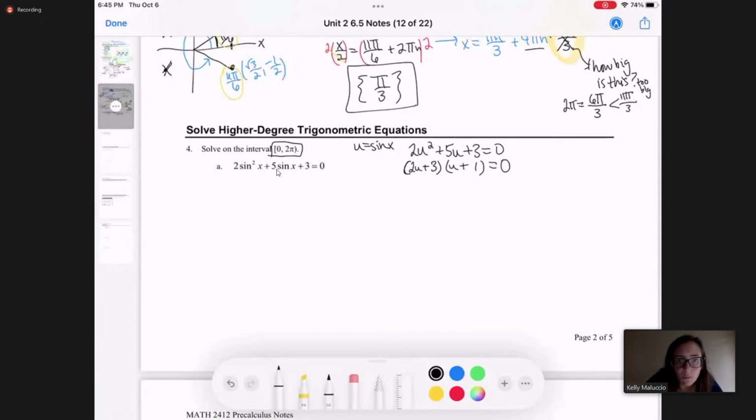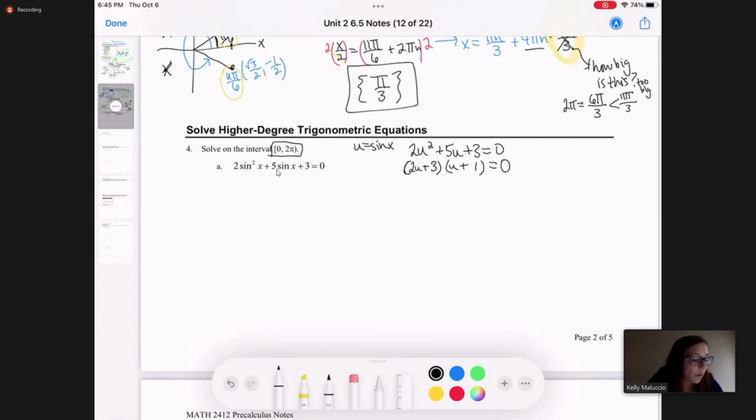So again, this factoring thing takes practice. If you practice factoring, try some extra problems or look up factoring examples and just practice.